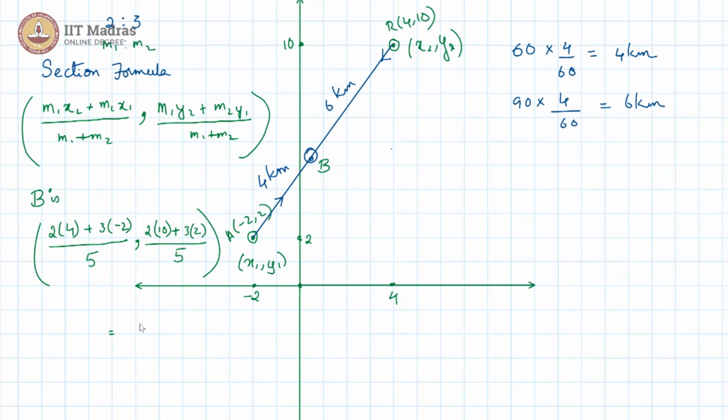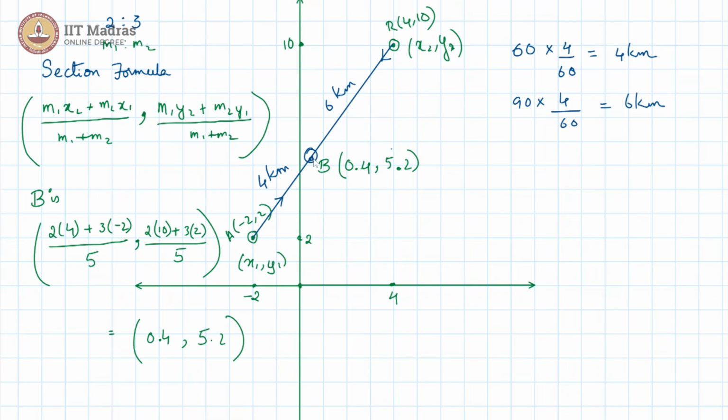So that gives us 8 minus 6, which is 2, and 2 by 5 is 0.4, and 2 into 10 is 20, 3 into 2 is 6, so 26 by 5 is 5.2. So B is 0.4 comma 5.2.